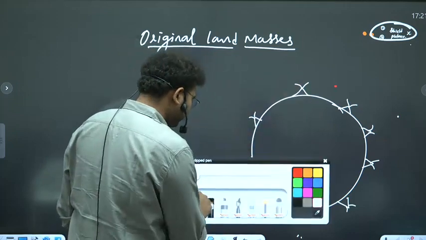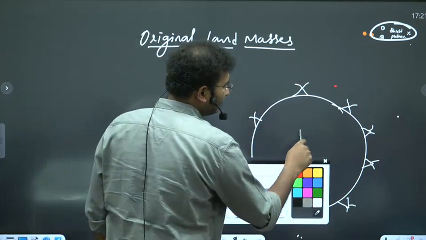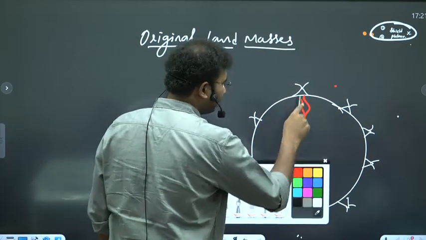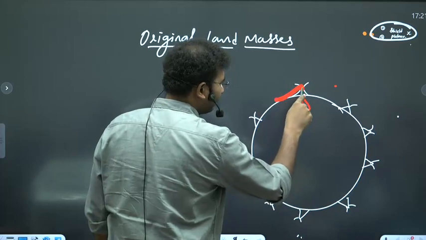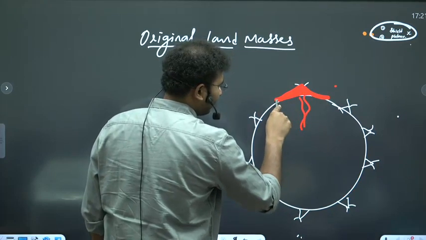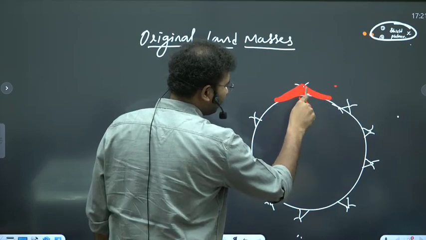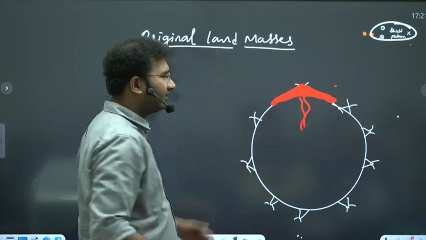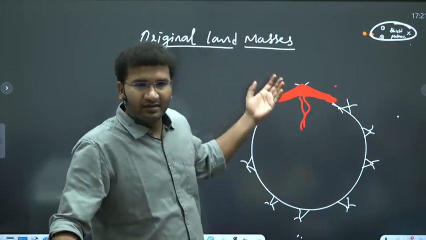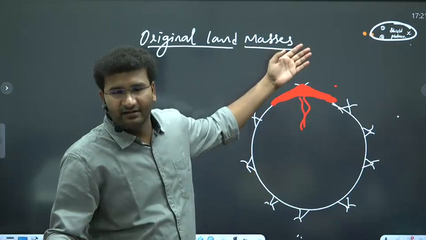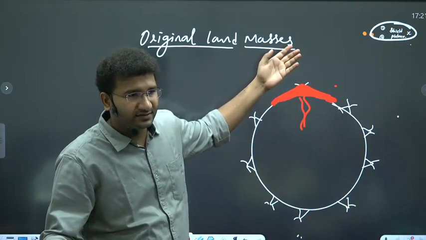So initially the volcanoes which were there, the material which came out of the volcano started to flow in either directions. ठीक है, in either directions you got to see the flow of this volcanic material. Now don't you think that this is the primary material which came from the interior of the earth and then started to deposit on the surface?